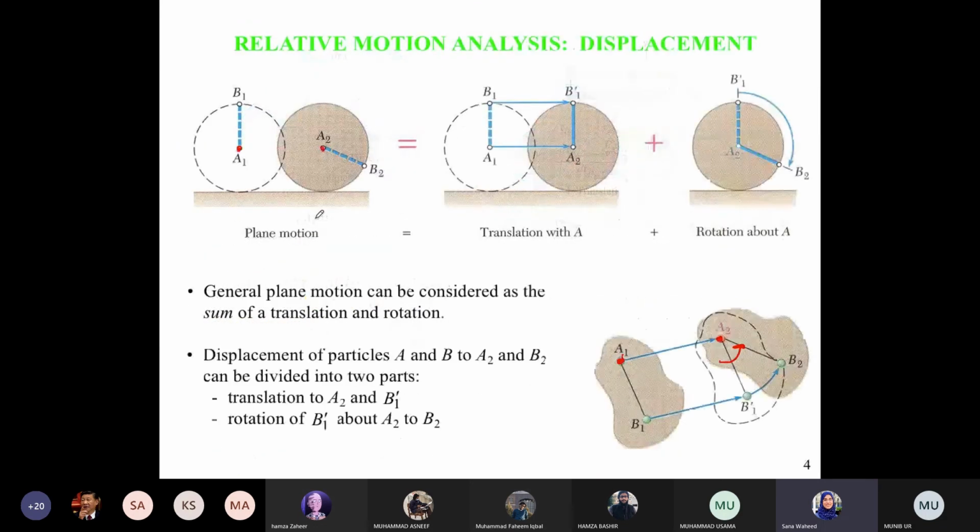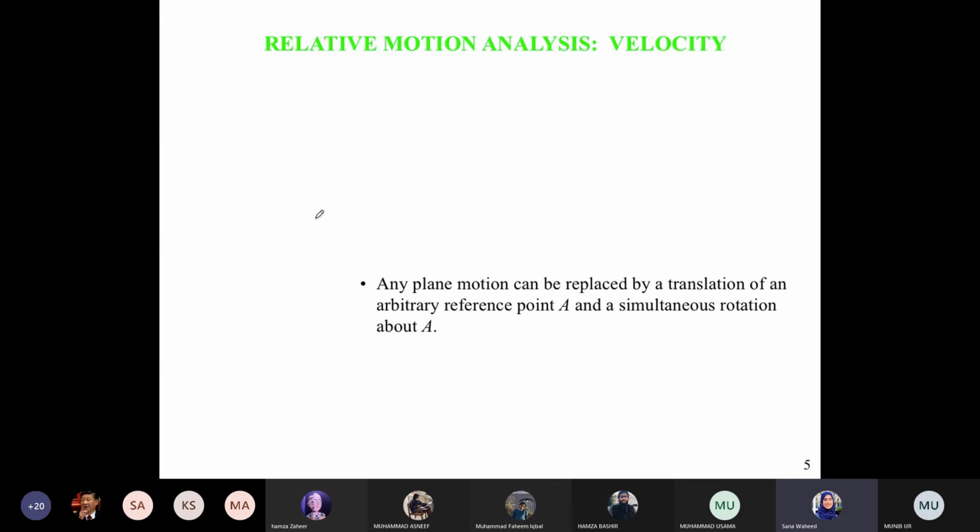So now we've got our displacement in place. I want to try to get our velocities working.